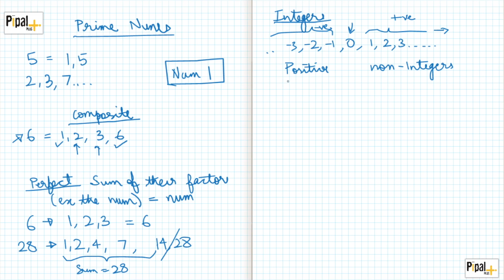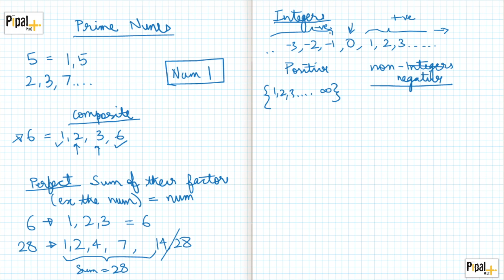So if I have to list down all the positive integers, they are going to be 1, 2, 3 and continuing until infinity. But look at non-negative. Out of all these integers, I should exclude just the negatives to arrive at the non-negative integers.